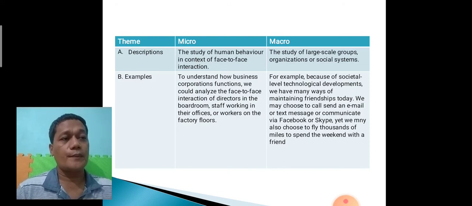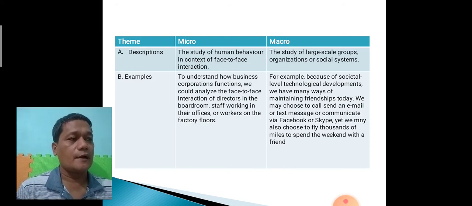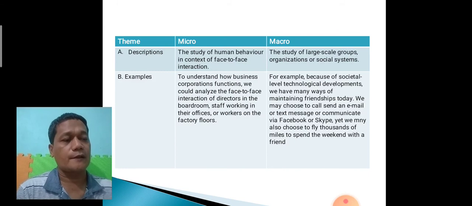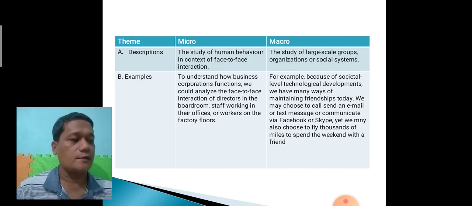Later, ko-compare natin differences and similarities of culture and society. And even yung sociological perspective. Medyo may overlapping kasi kapag tinignan natin, parang medyo nadadaanan na ibang topic. Pero mas ma-explore pa yun actually sa mga susunod na lesson. Okay?